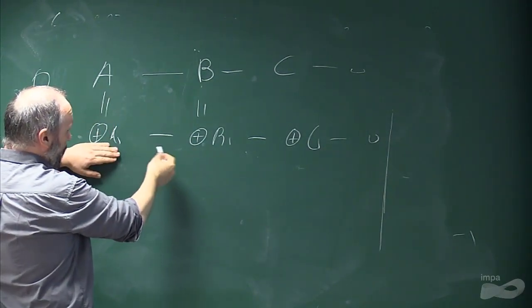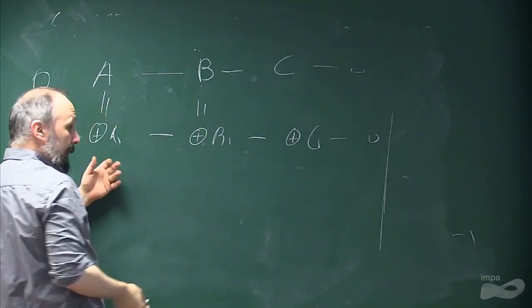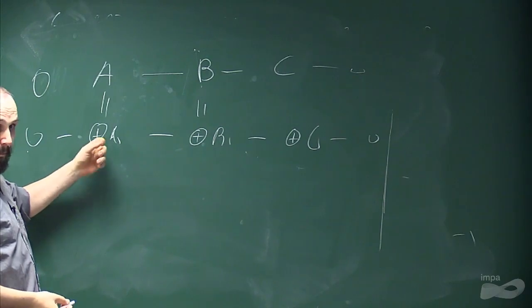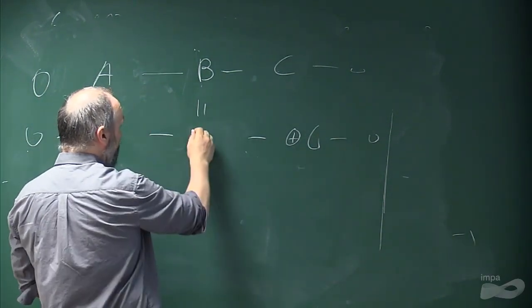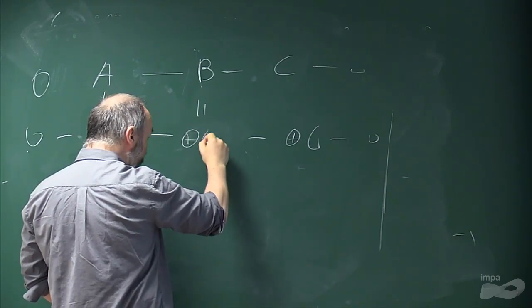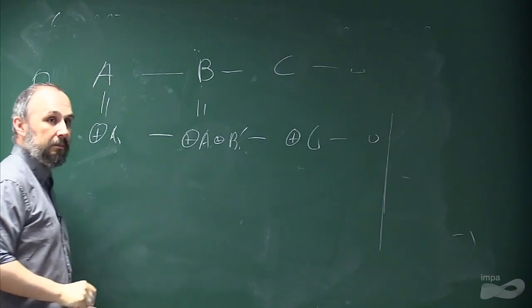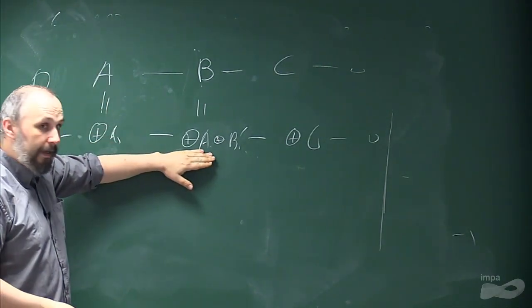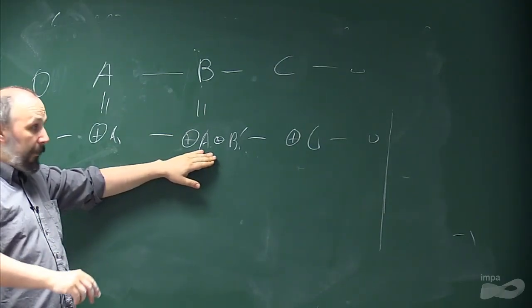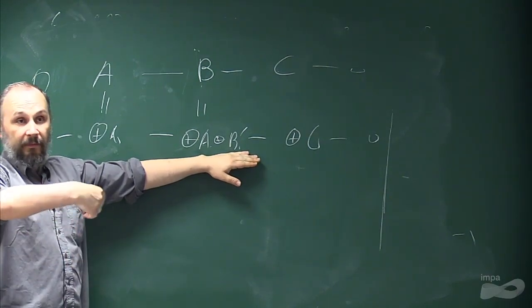So you can decompose this B into a direct sum of representations, starting with the direct sum of the A_i. Instead of that, you can write the direct sum of A_i and then the direct sum of B_i prime. You have this irreducible decomposition, you map it to here, you take the orthogonal complement, and you obtain the direct sum for the rest.